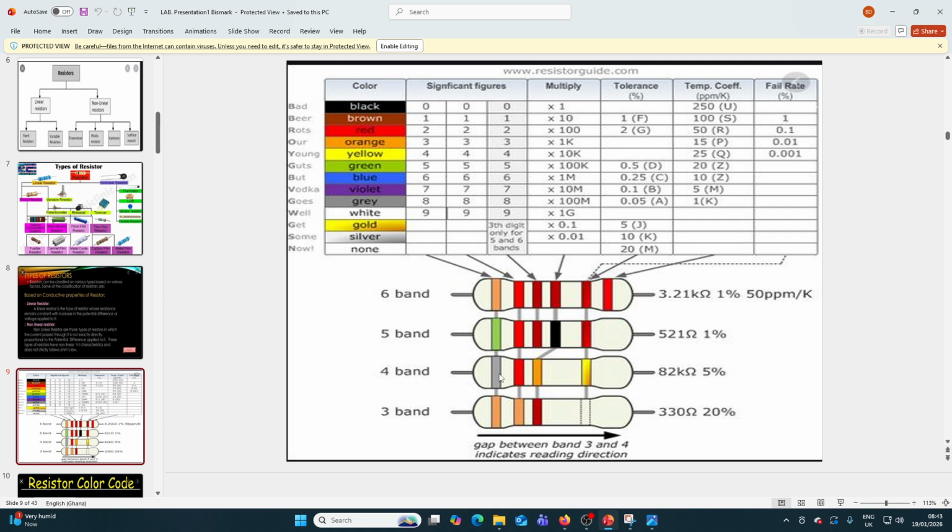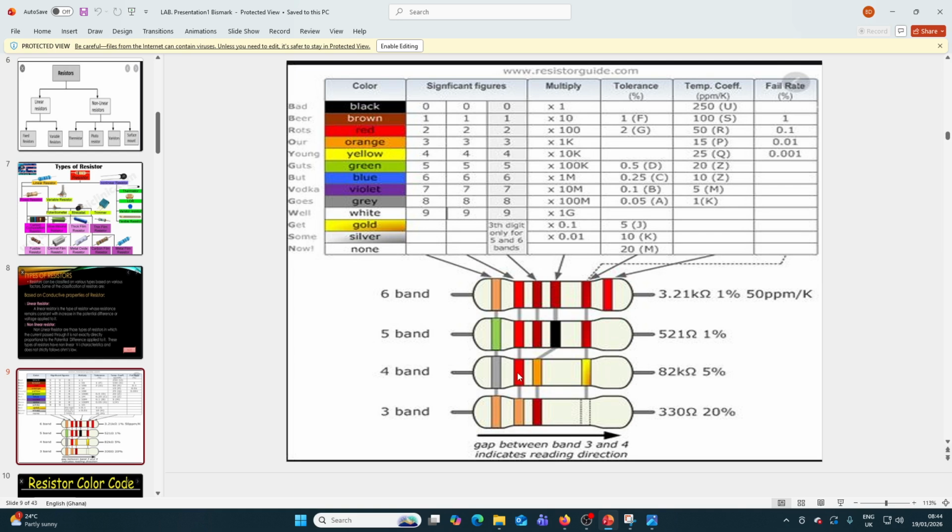So let's look at this resistor. So we have gray color, we have red, then we have orange, then the last one is gold. So if you have gray as your first color, then come and look at the significant figures here. So you come here, then you see that once you have gray, the figure is 8.